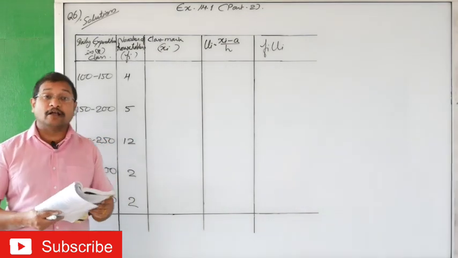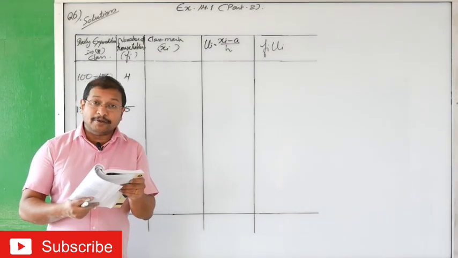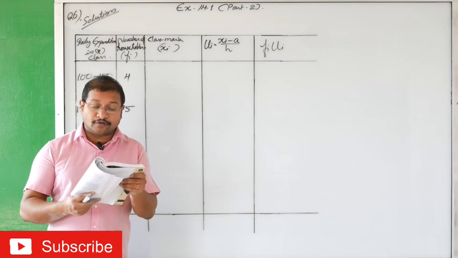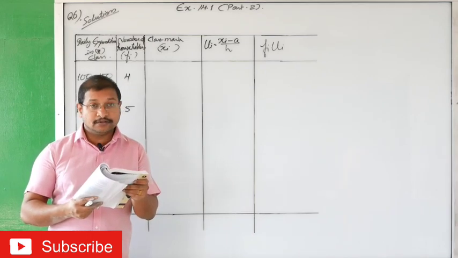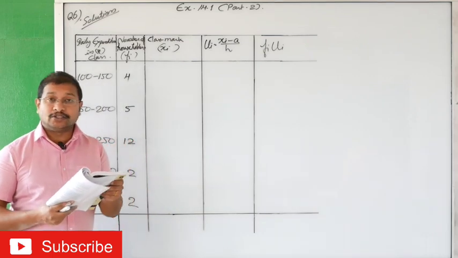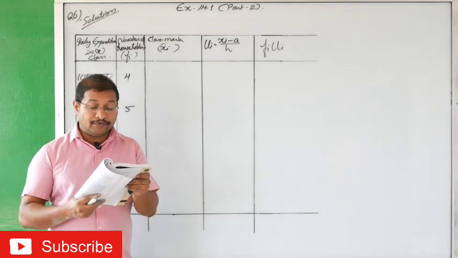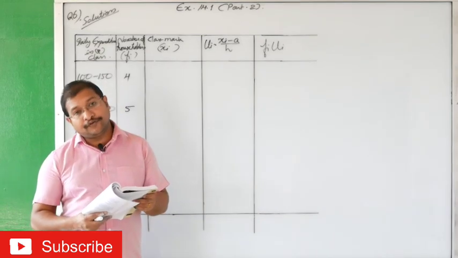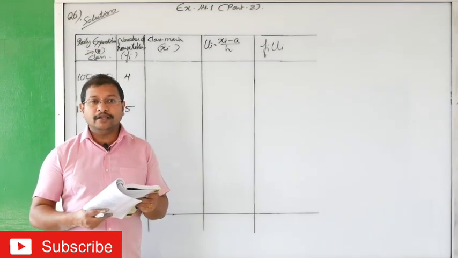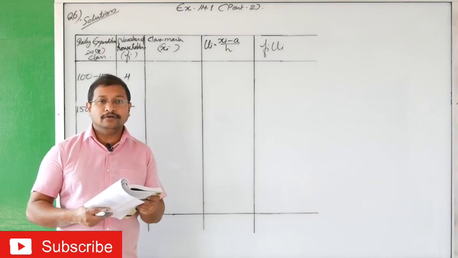Question number 6. I'll read the question once. The table below shows the daily expenditure on food of 25 households in a locality. Table is given. Daily expenditure in rupees 100 to 150, 150 to 200, 200 to 250, 250 to 300, 300 to 350.